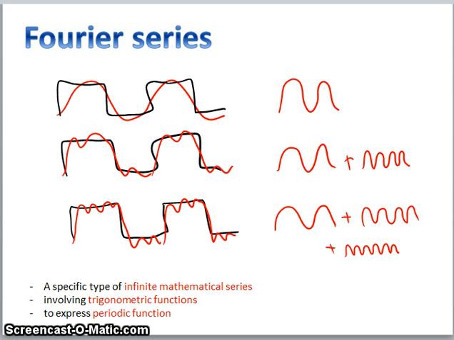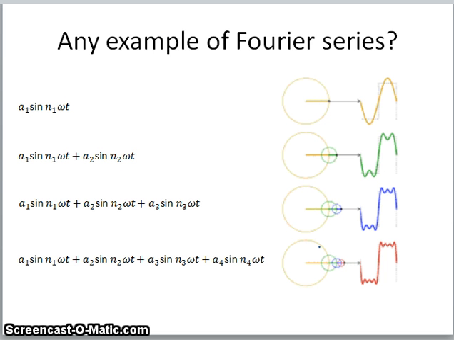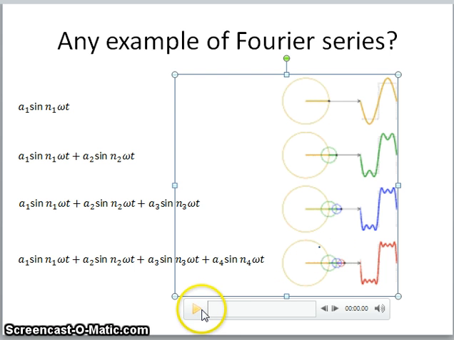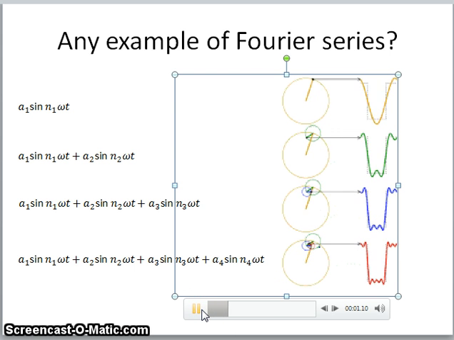Okay, so can we see any example of this Fourier series? So this is the example that you can see here. If I have only one term, okay, it will only go to this graph. But if I add these two terms, it will go to this graph, three terms and four terms like this, as you can see from this animation.